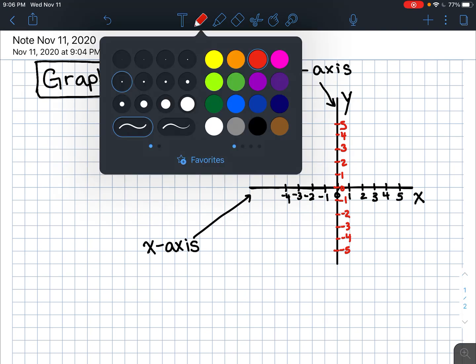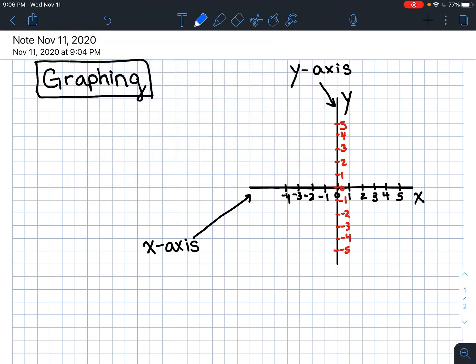And if we want to plot a point on our graph, you can actually plot what's called a coordinate. And this word point, you can also say the word coordinate.